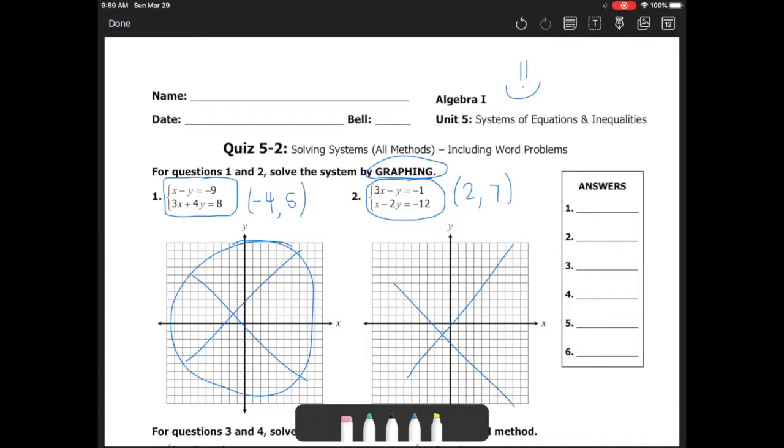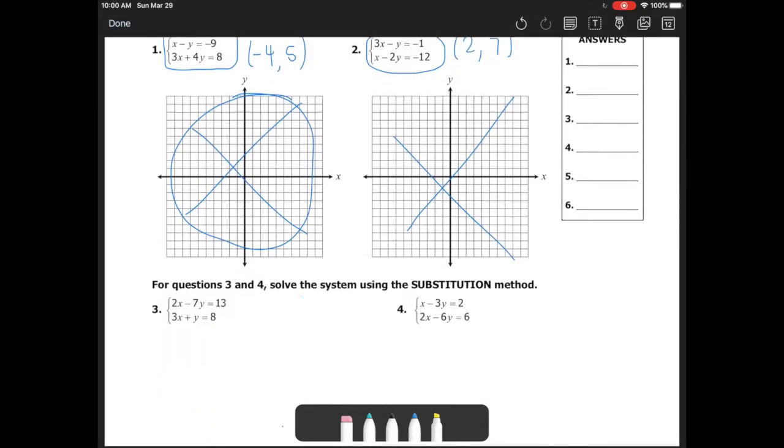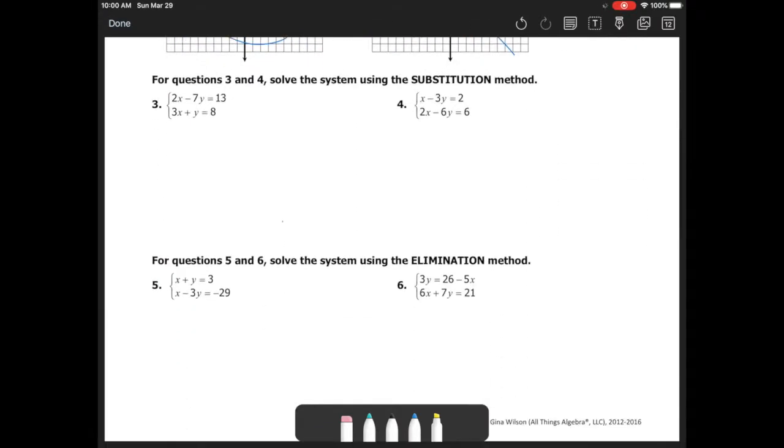I don't think there are many problems where they specify the method because they have no way for you to actually show it. On an SOL test, it's either multiple choice, pick your answer, or type in your answer. There's not a place for you to show all your work. So on that type of standardized test, you could solve every system by graphing if you wanted to. But for these purposes, we need to make sure that you also know substitution and elimination.